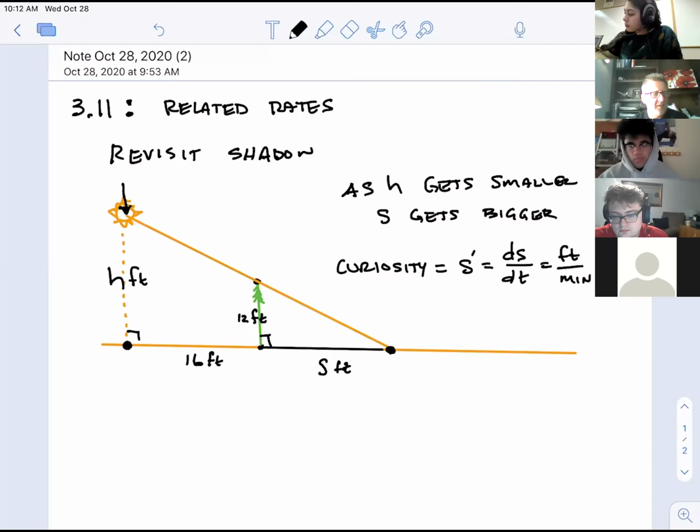That's what speed is. It's feet per minute. So what I really am after here for s prime is actually ds dt, because I want to see how s is changing relative to time. And so we've been talking about in this class like dy dx. And so we said, hey, let's take the derivative with respect to x. Well, now we're saying let's take the derivative with respect to time, like a letter that's not even in this problem.